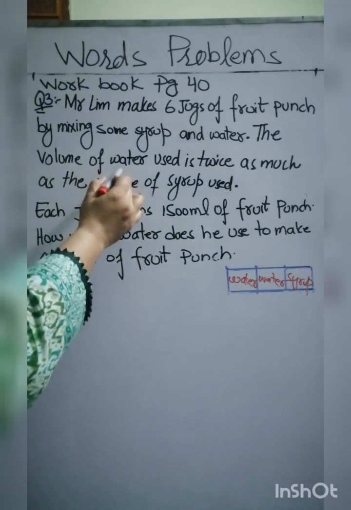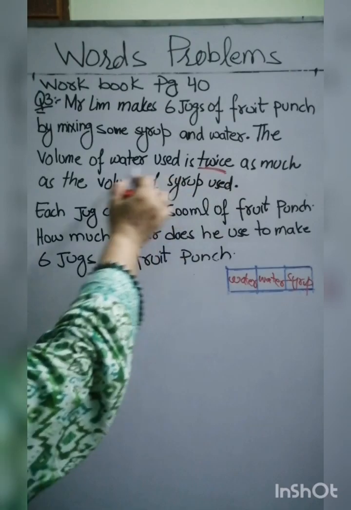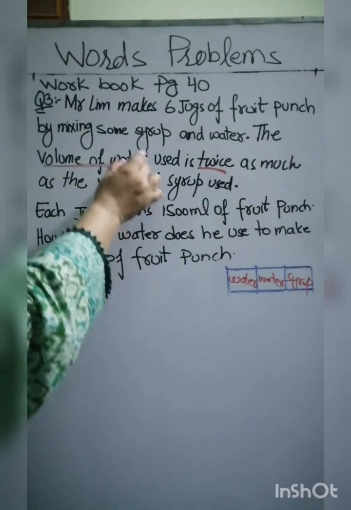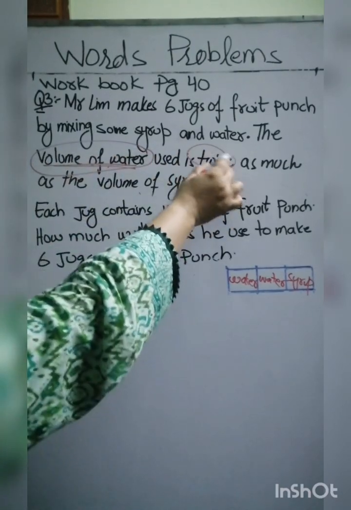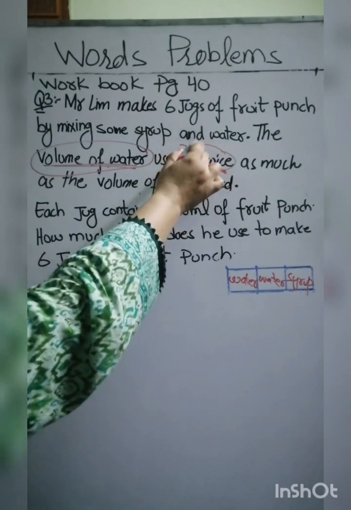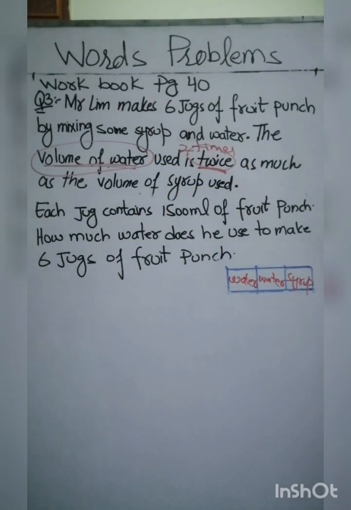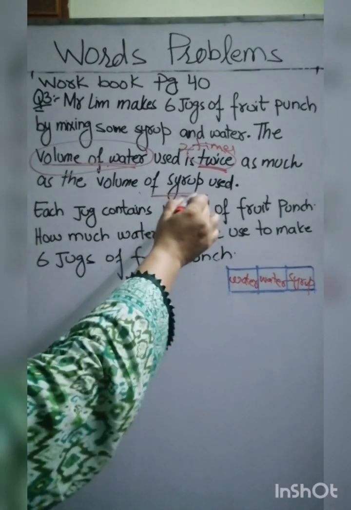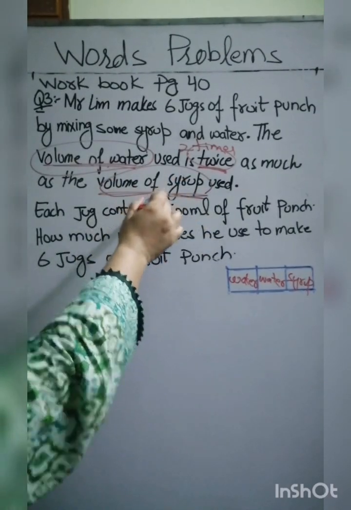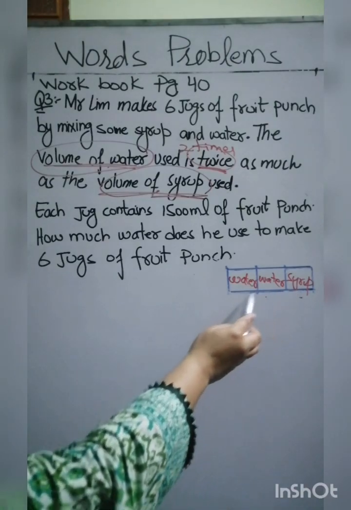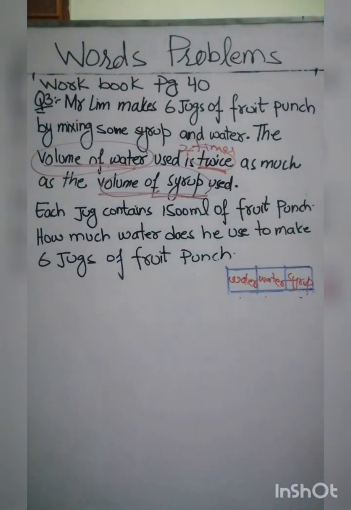Twice means 2 times. If the volume of syrup is 1, then we have 2 times water.